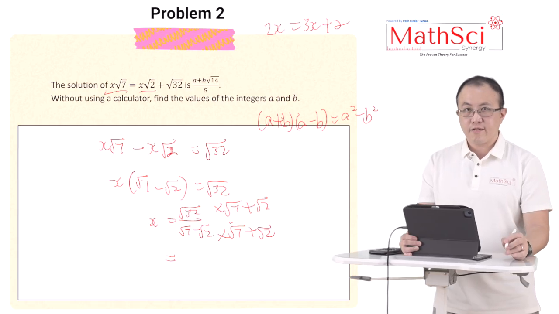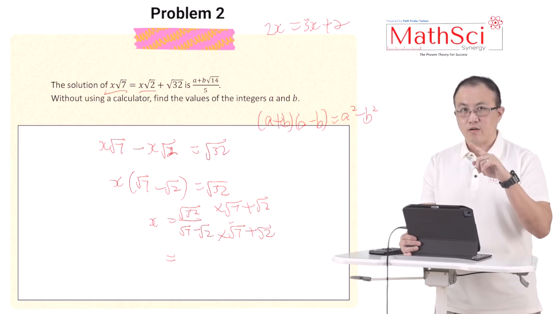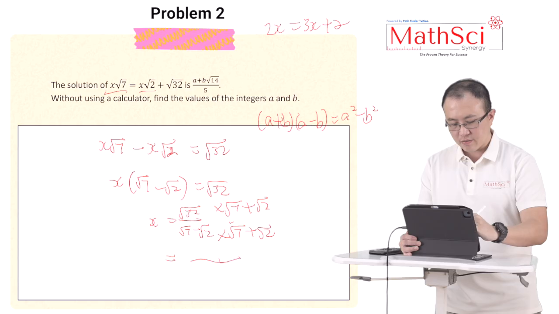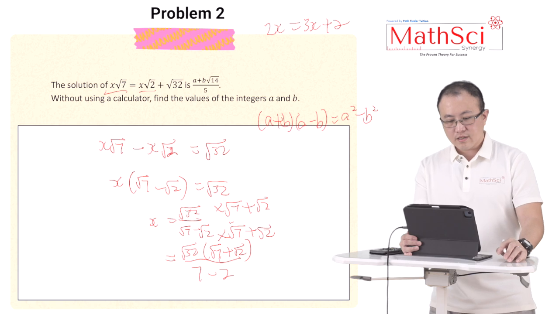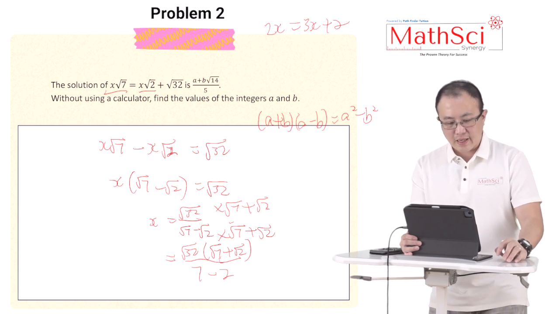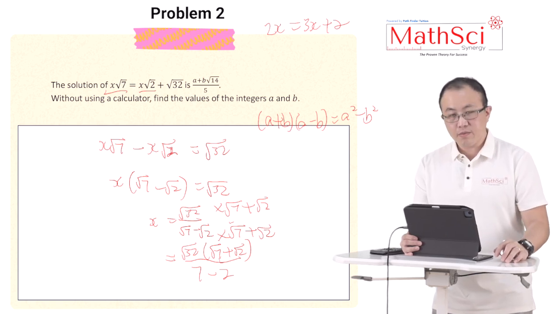So square root 7 bracket squared will be 7, right? So let's write it down. This will be 7. Then the other one will be 2. And the numerator will be square root 32 multiplied by square root 7 plus square root 2. Okay, then once again, if you were to expand this, before you do that, maybe we see whether we can simplify square root 32 first.